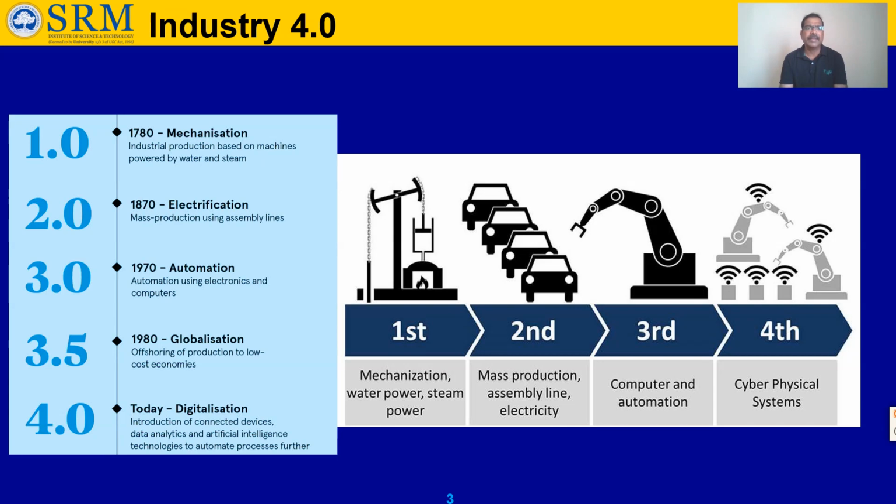But during 1780, mechanisation started, where the power for the mechanism came from water and steam sources. Here you can see the image which shows that mechanisation started during the 1780s, and the energy or power for the mechanism came from water power or steam power.